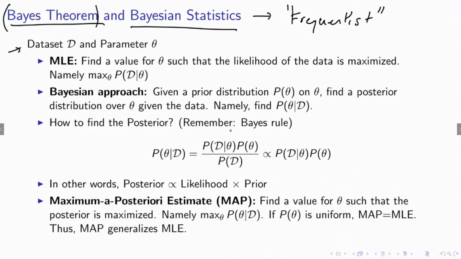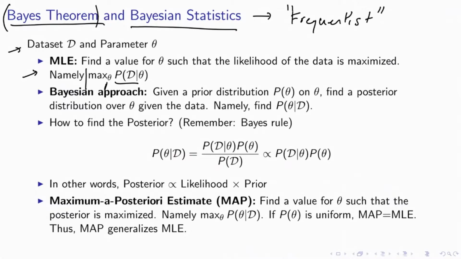In the maximum likelihood estimation approach, we saw that a learning task could be defined as: find a value for theta such that the likelihood of the data is maximized, okay? Another way of saying this mathematically is that I want to maximize over theta such that P of D given theta is maximized, okay?